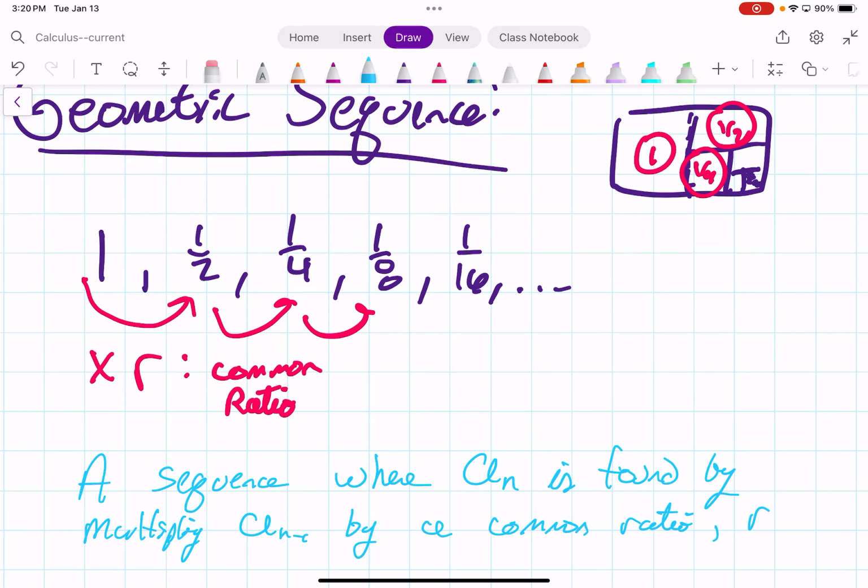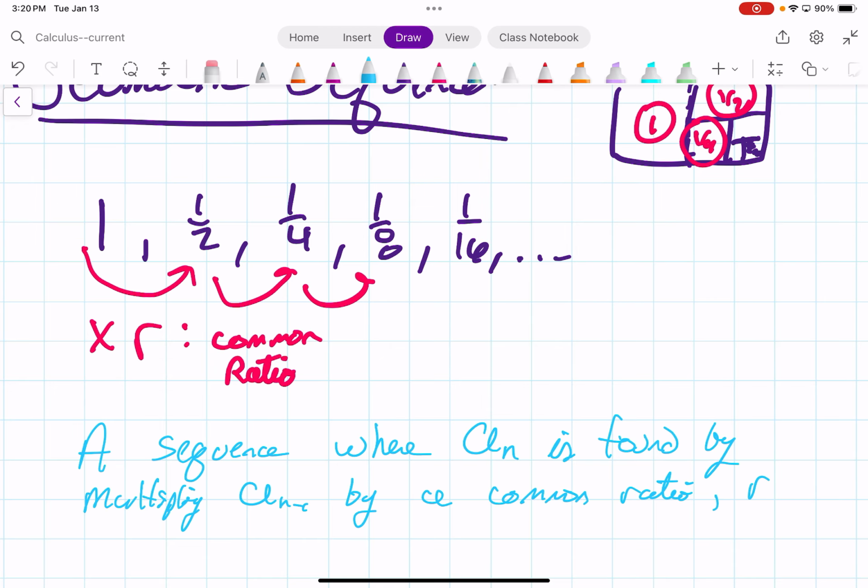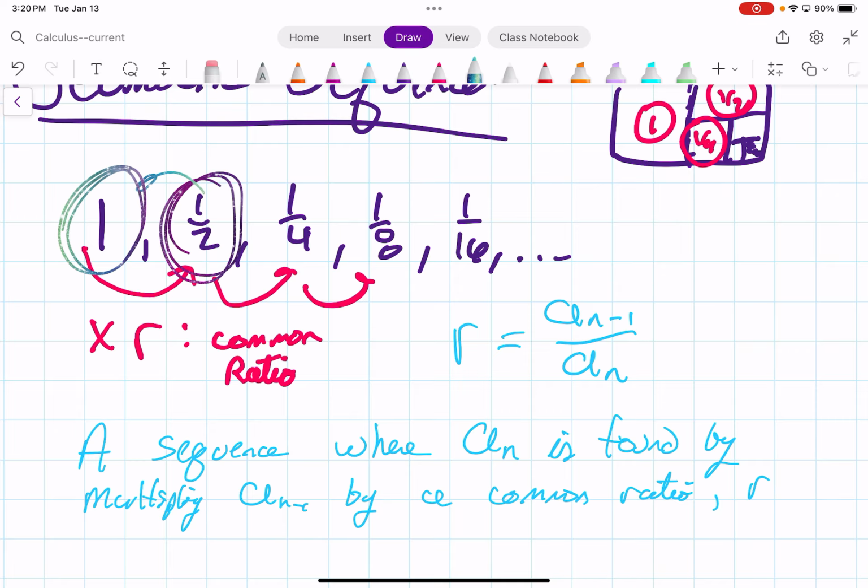And again, that's usually referred to as R. So I could say that R is some term divided by the term that came before it. So if you would take 1/2 and you divide it by the term that came before it, do you see that you're getting what we're describing as the common ratio of multiplying by a half going forward? Okay?